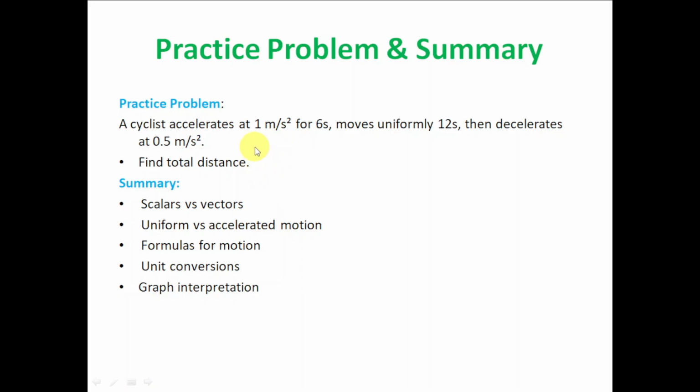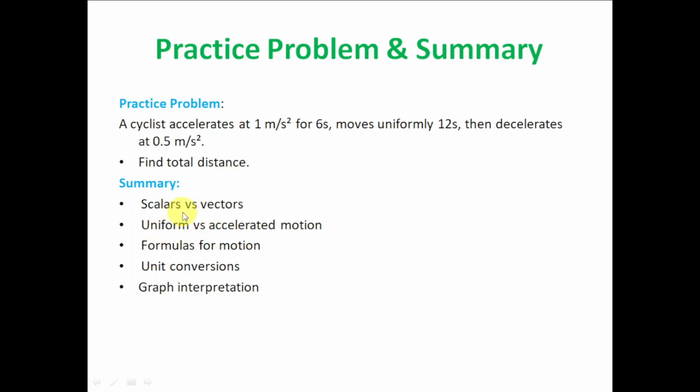Leave me your answer in the comments and I'll put the right answer after you try to solve this problem. In summary, you have to understand what scalar and vector quantities are in this tutorial.